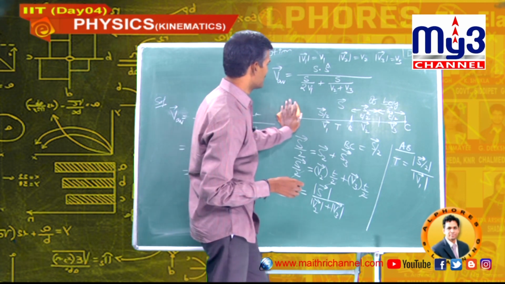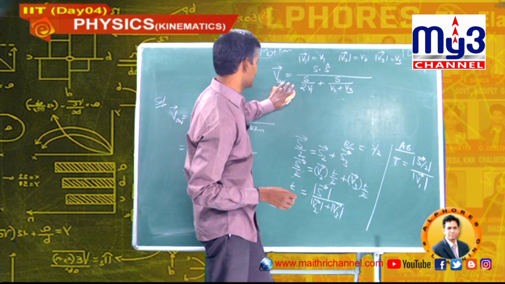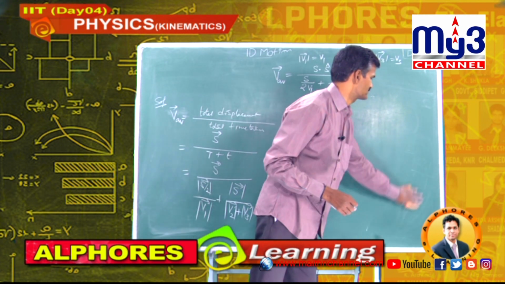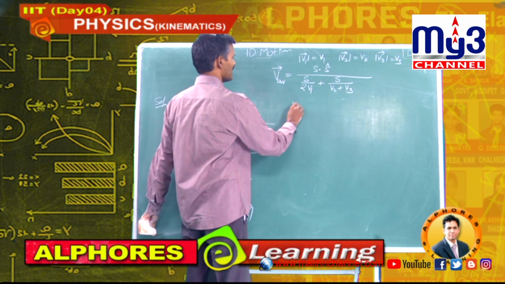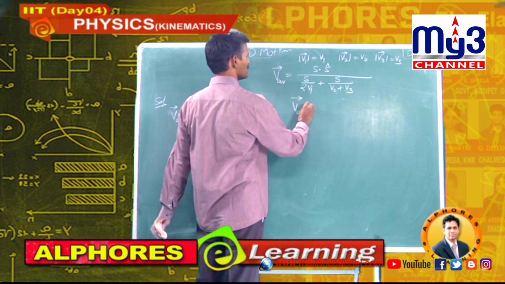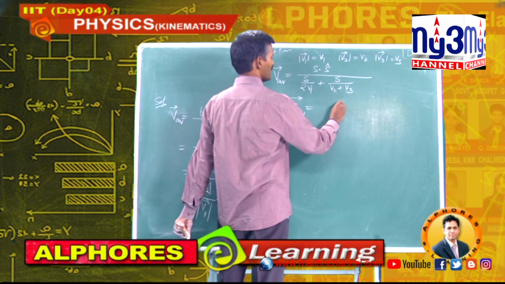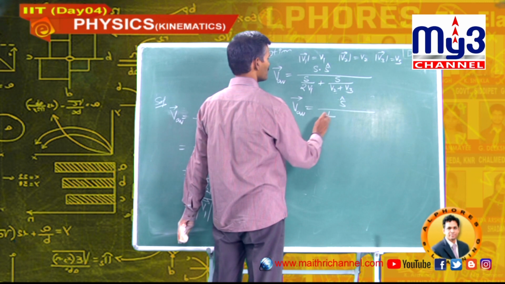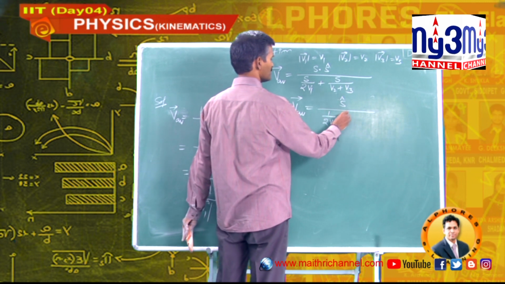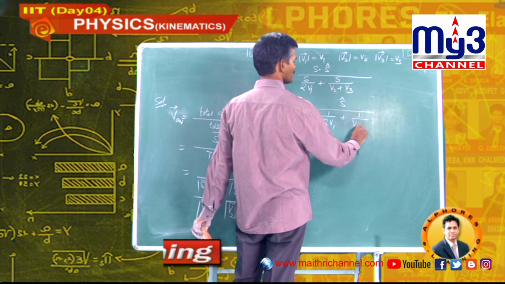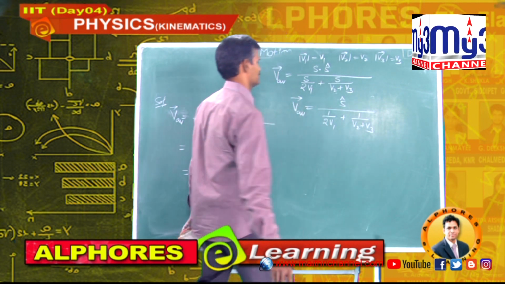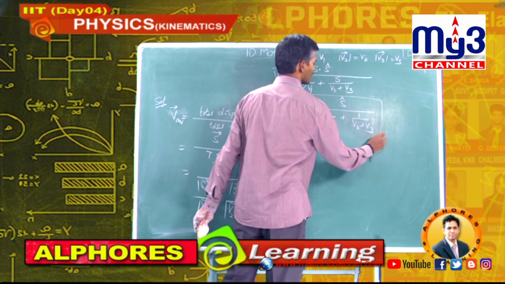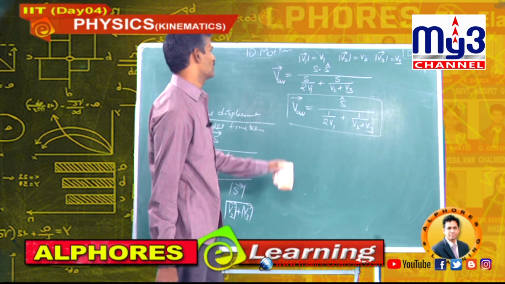On taking common S bar, V average bar is S cap by (1 by 2 V1 plus 1 by V2 plus V3). This is the average velocity for the whole journey.